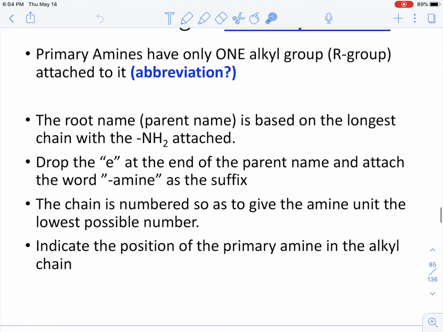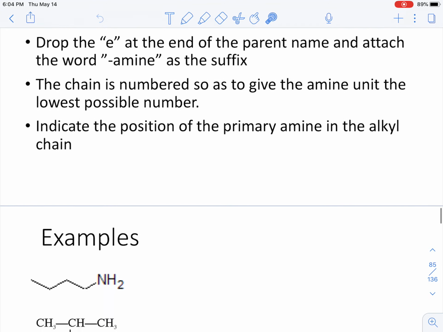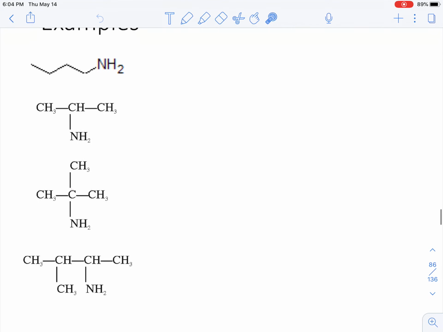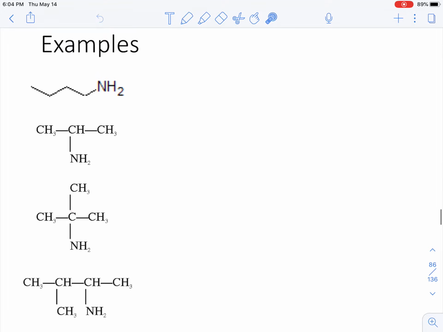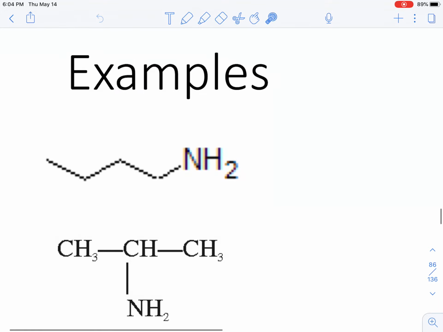And last but not least, we need to communicate to the reader the carbon number of where that primary amine is found. So we're going to go through some examples just so we understand how to apply these rules of naming amines to organic structures.